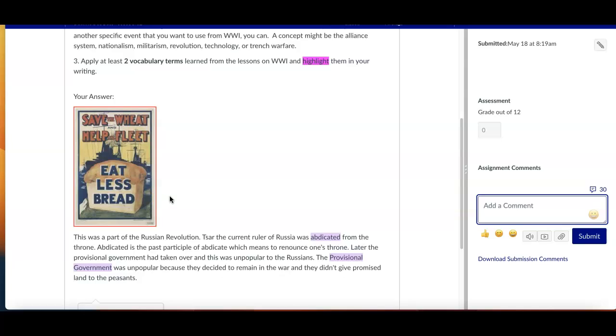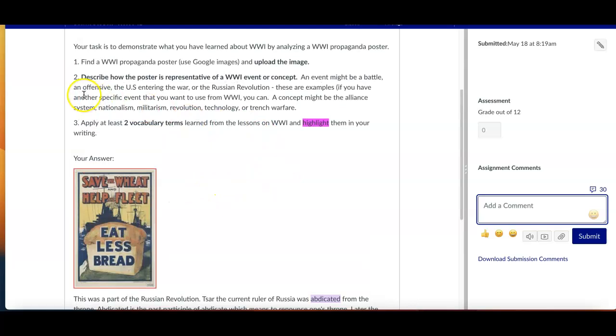Okay, so what does that do? It helps you to get started with how to talk about or describe how the poster is representative of a World War I event or concept. All right, so it could be the US entering the war. Now, you're going to say, well, that's confusing because Mrs. Olson, you just told me that this is British in origin. That is true.